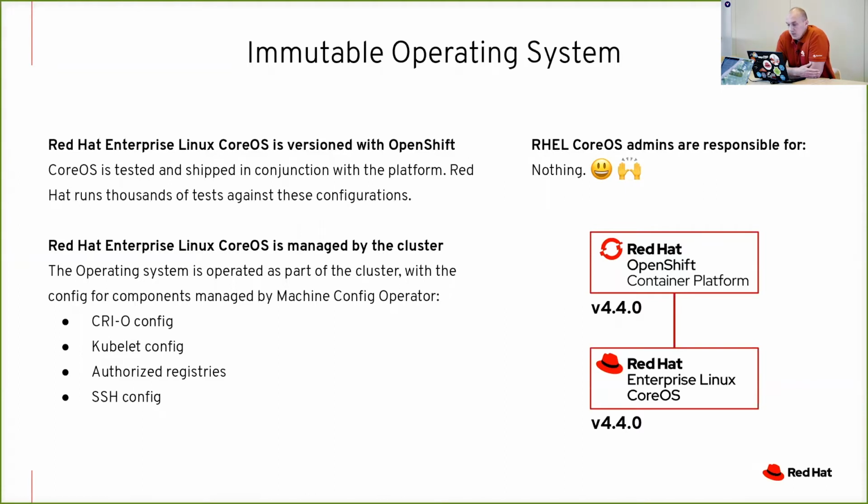The whole operating system is immutable, so it means that you cannot install any custom RPMs or any operating system level libraries. All the custom software that you might run in CoreOS has to be containerized, so you can only run your own containers.